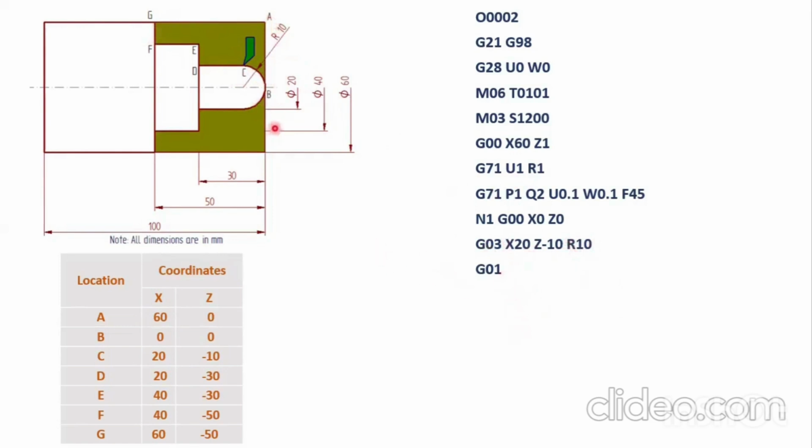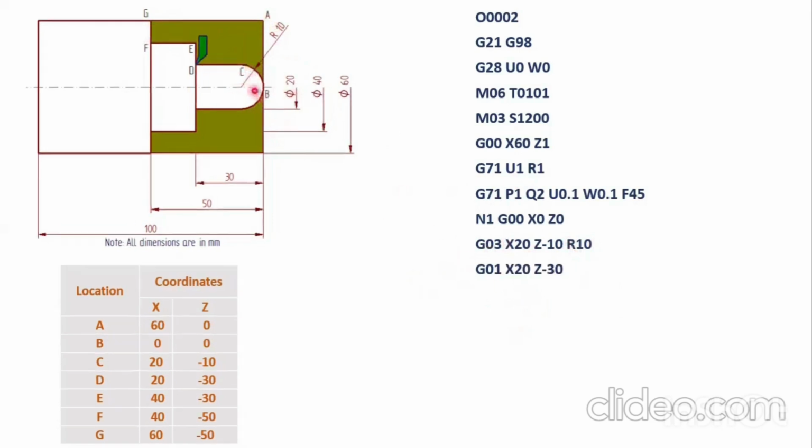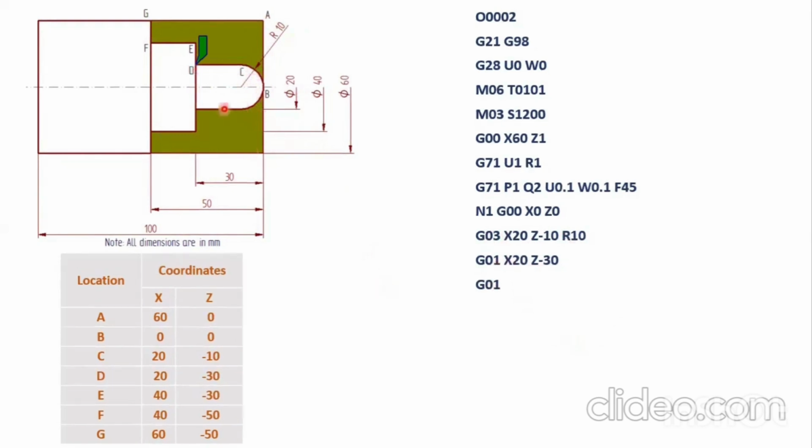Then G01. G01 means linear traverse of the tool. So we have to make the tool travel from here to here. G01 X20 Z minus 30. That means we are going to define the coordinates for the location D, that is X20 Z minus 30. Then we define the coordinates for the location E because here the tool travels linearly.